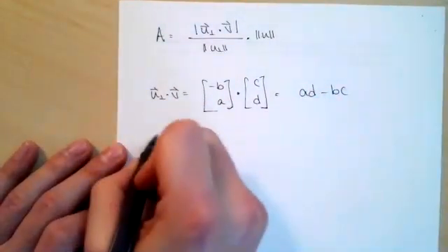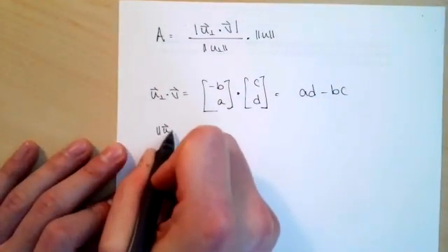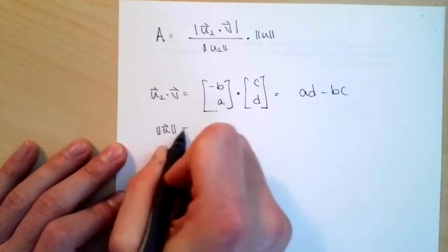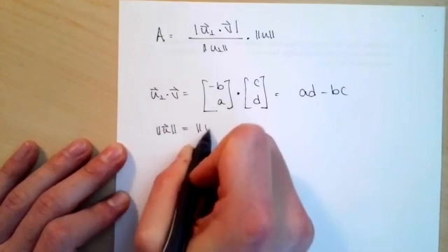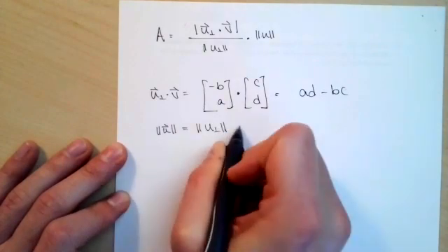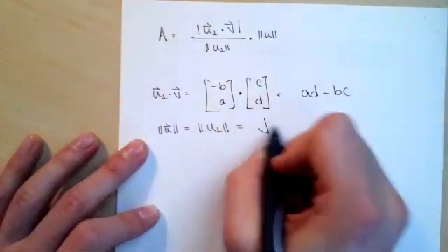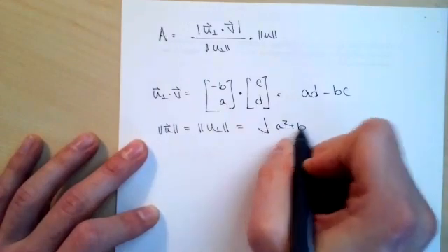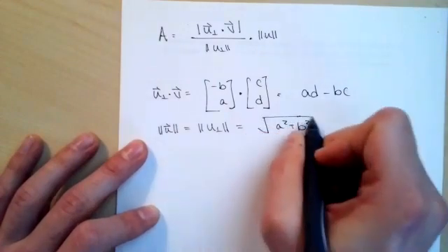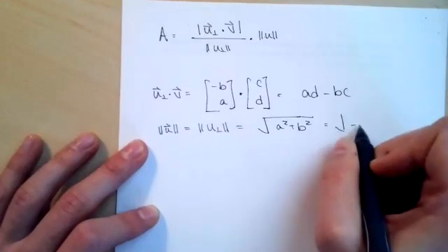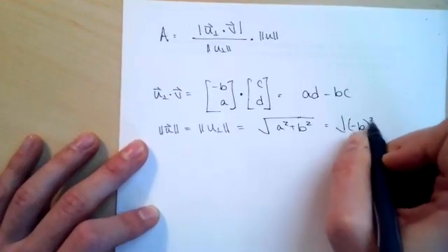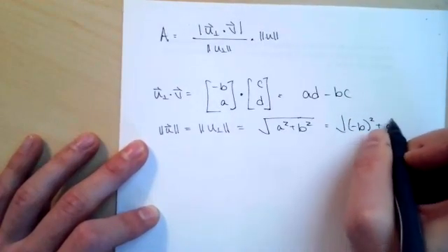And then what's special about the norm of u and the norm of u perpendicular is that they are going to be the same, right? Norm of u is just going to be square root of a squared plus b squared. Norm of u perpendicular is going to be negative b, but when we square it, that negative is going to go away, plus a squared.